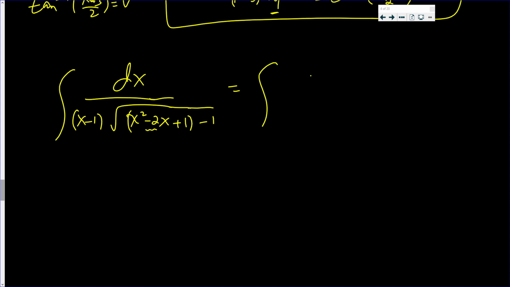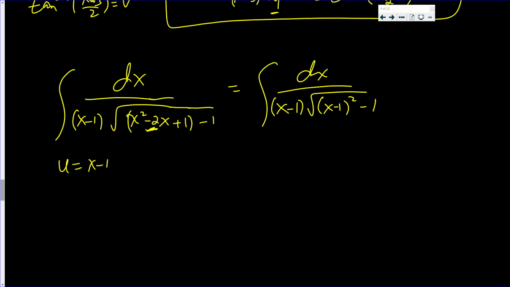So this becomes the integral of dx over x minus 1 square root of, half of that number is negative 1, so it's x minus 1 squared minus 1. Now, if you like to make it cleaner looking, you can let u equal x minus 1, and then du is dx.